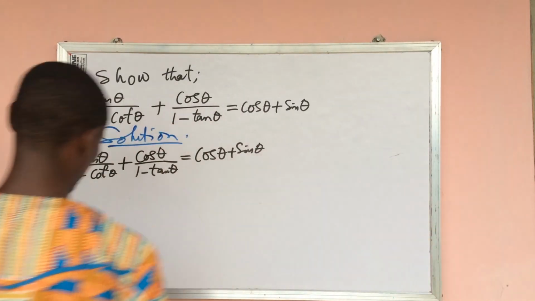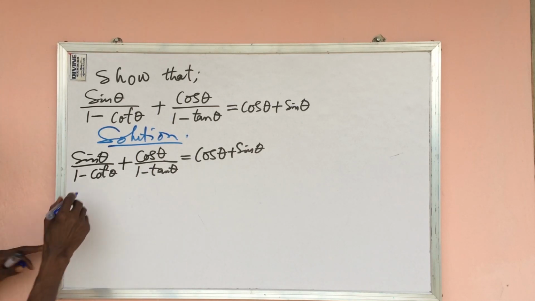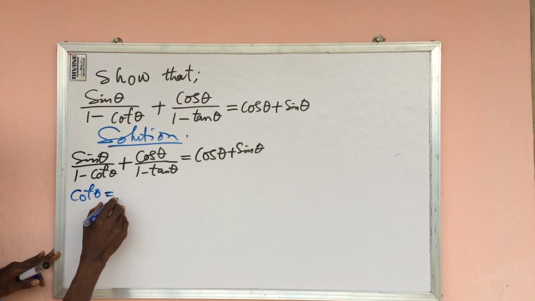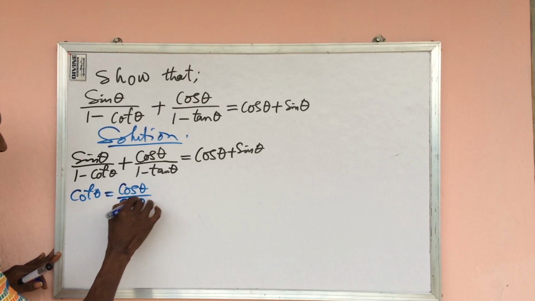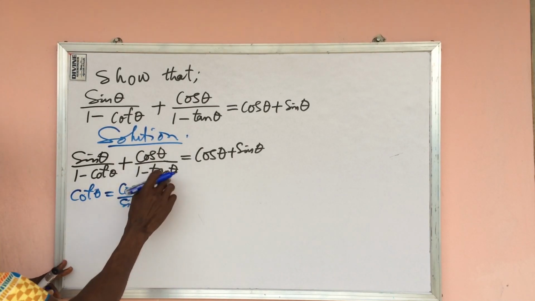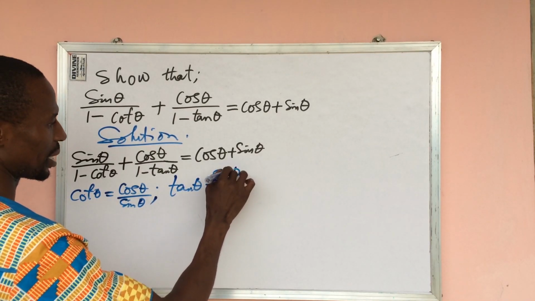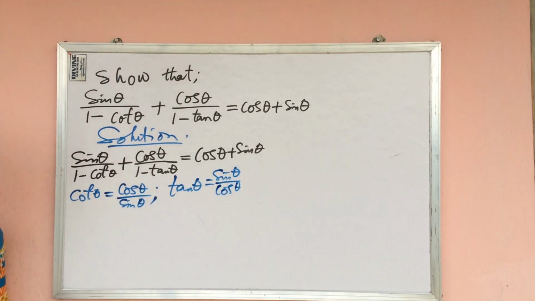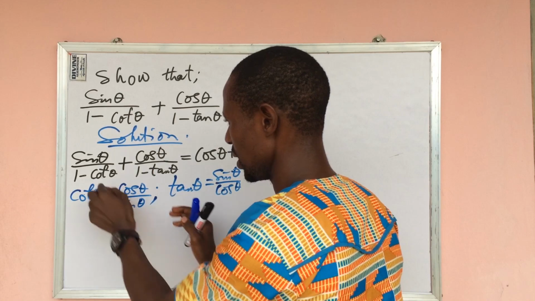Now, from our trig ratio, look at this cot theta. Cot theta is the same thing as cos theta all over sin theta. Meanwhile, tan theta can also be written as sin theta all over cos theta. So let's substitute this into this place, and this into this.